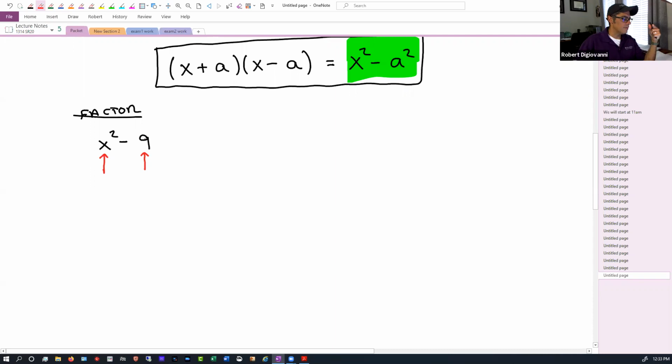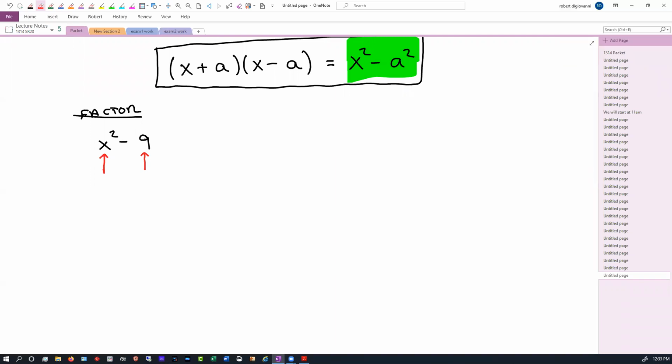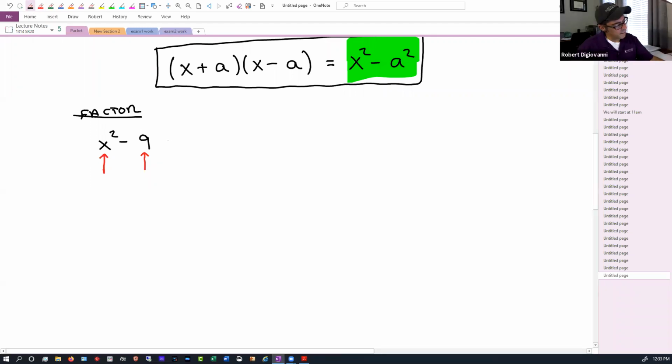What number squared gives you 9? 3. 3, right? So since those are both, we're basically looking at this side right here. We're saying, okay, we have x squared and we have some number squared. This tells me automatically, without doing any work, that it's going to be x plus 3, x minus 3. And there's nothing else we have to do.